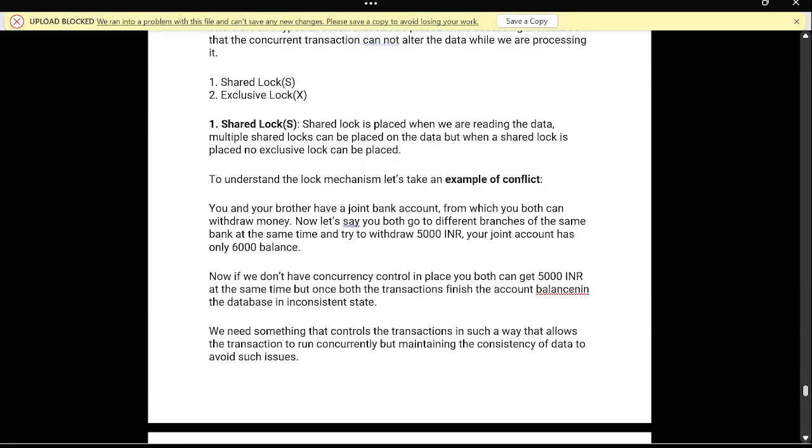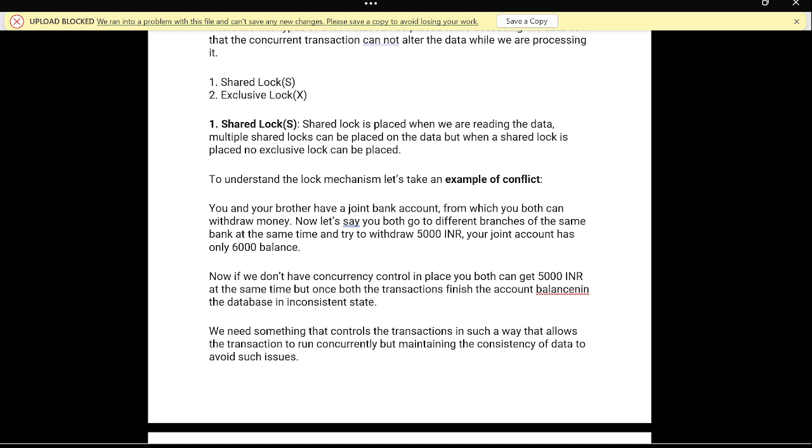Shared lock is placed when we are reading the data. Multiple shared locks can be placed on a data item, but when a shared lock is placed, no exclusive lock can be placed. So with one bank account, you can place a number of shared locks. Whenever a shared lock is acting on your account, no exclusive lock is applicable to it.